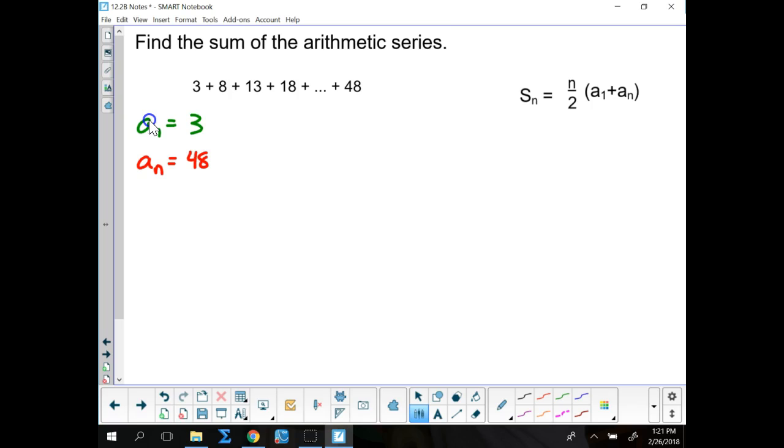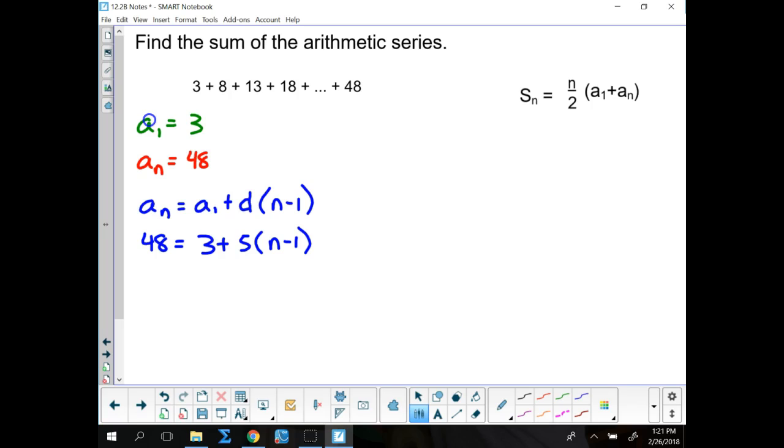So I'm going to have to find it using a sub n equals my first term plus my common difference times n minus 1. And I'm going to solve that for n. So that's going to be 48 equals 3 plus what's my common difference? 5 times n minus 1.